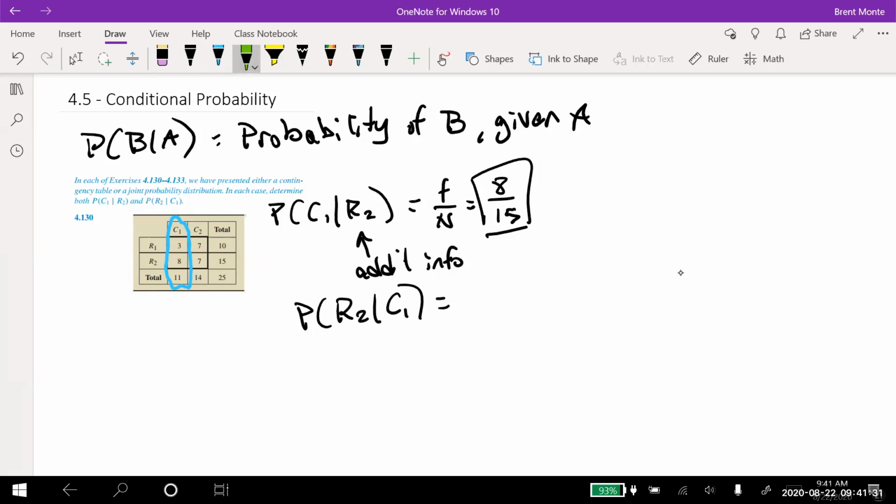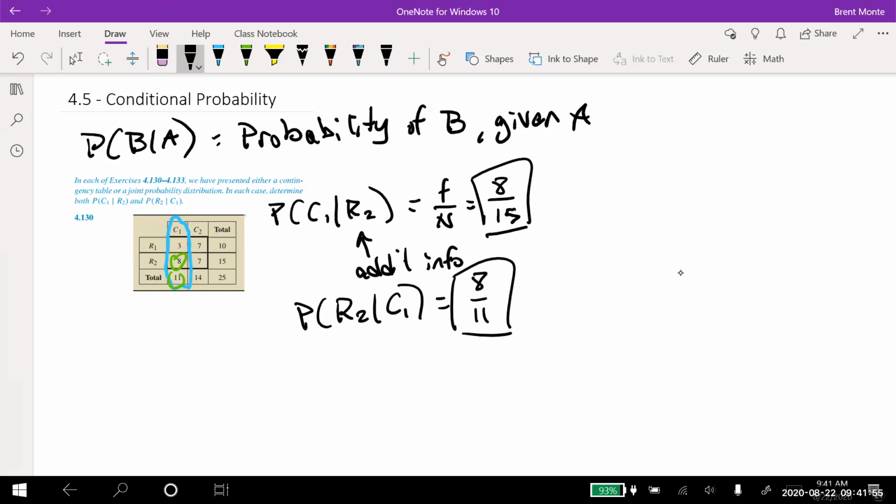We'd say, oh, R2, 8 out of 11. And so that's what we do. Again, it's F over N, but it's just 8 out of 11. And so that's the idea. We don't need to erase those right now. So anyway, that's the idea there.